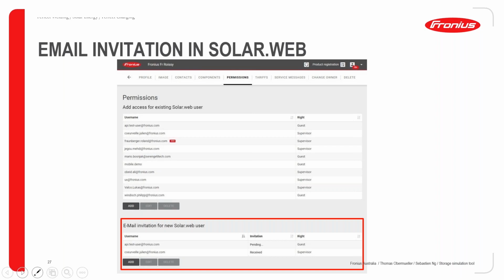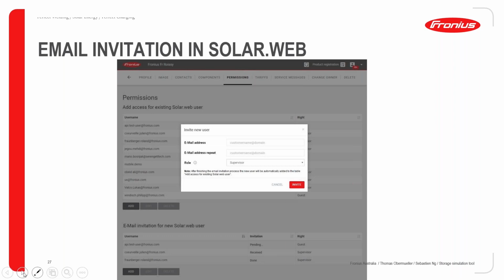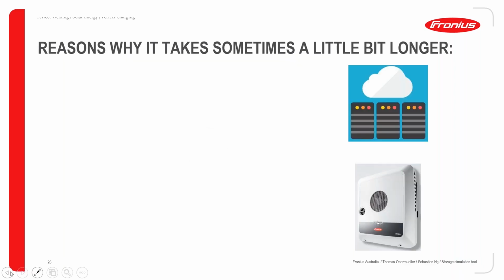What's new here, or what we plan, is that we offer, where you do the permission sharing right now in the settings in the PV system, an email invitation, so you can invite users with email addresses which are not existing SolarWeb users. So this should help to share system rights with new customers and invite them to SolarWeb.